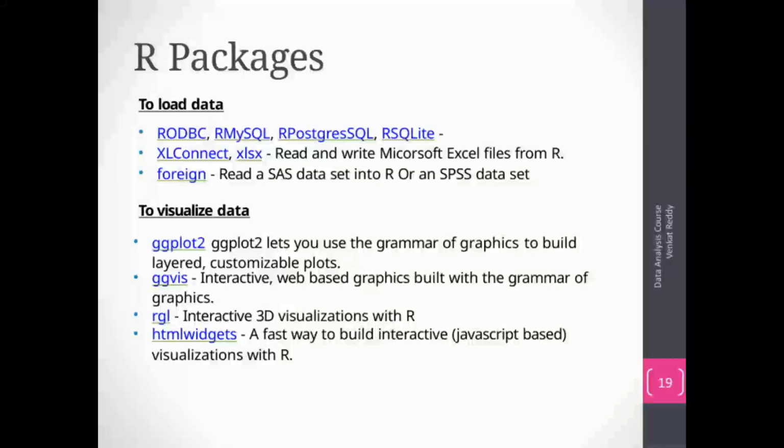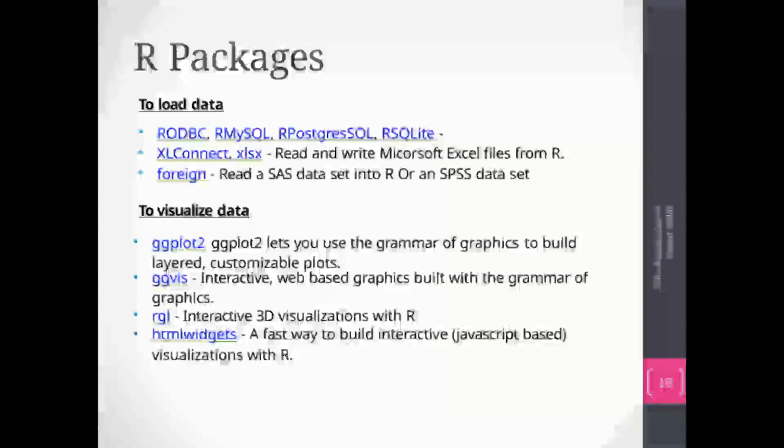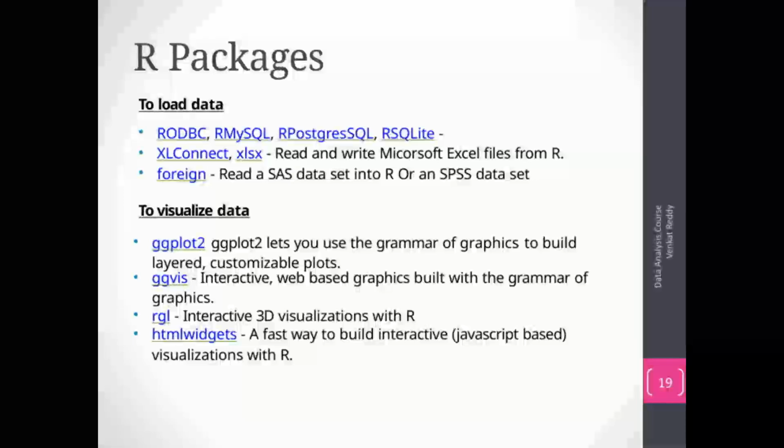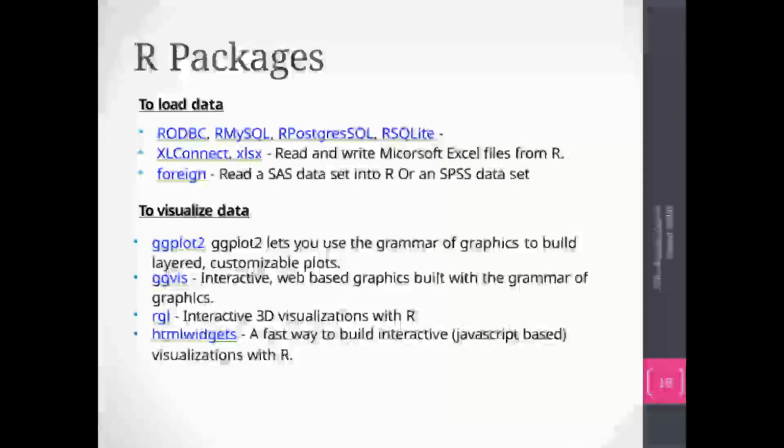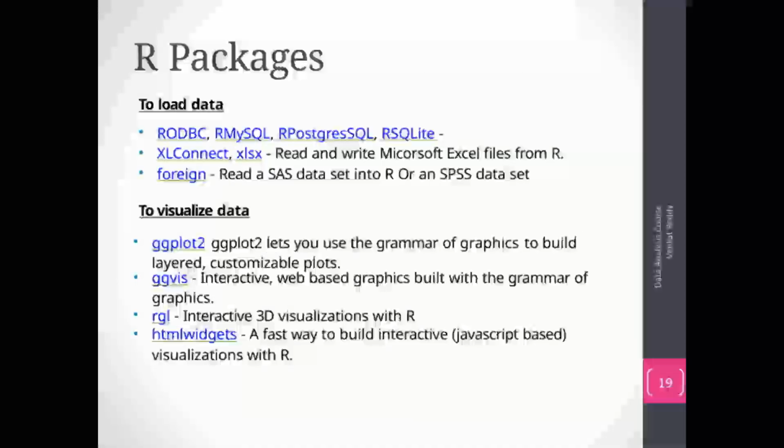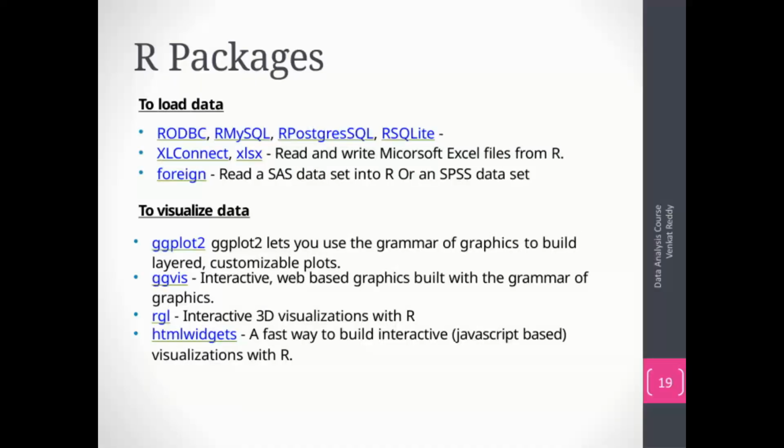Moving on to data visualization, ggplot2 is one of the most powerful tools out there. It uses the grammar of graphics, which means you can create layered and highly customizable plots, perfect for detailed data analysis. For interactive, web-based graphics, ggvis is a fantastic choice, allowing you to build dynamic visualizations. If you're interested in 3D visualizations, rgl provides interactive 3D plots that can really help illustrate complex data structures.